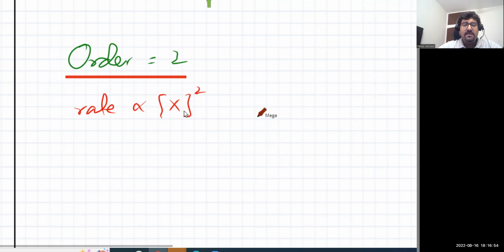It's a quadratic relationship. If the concentration of X decreases by 1/4, the rate will become 1/8. So the reaction will be slowing down too quickly. X getting used up, the rate slows down, but not proportionally, but by a much bigger factor. अगर ये half होता है, this will become 1/4.